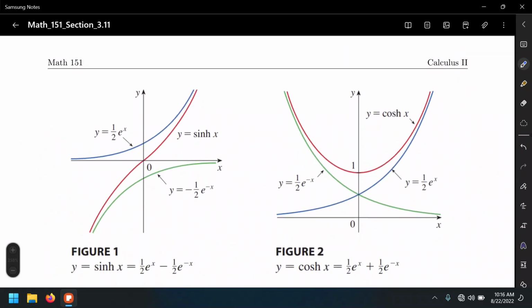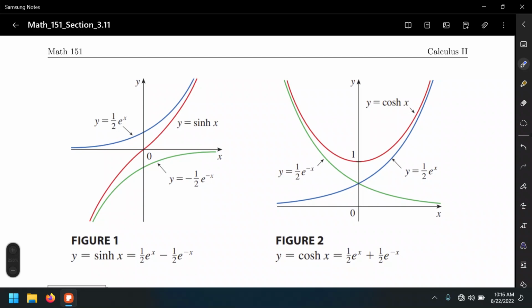Now that we look at the definition of these hyperbolic functions, where do they come from? How are they defined? What are their relations and differences with the trigonometric functions?